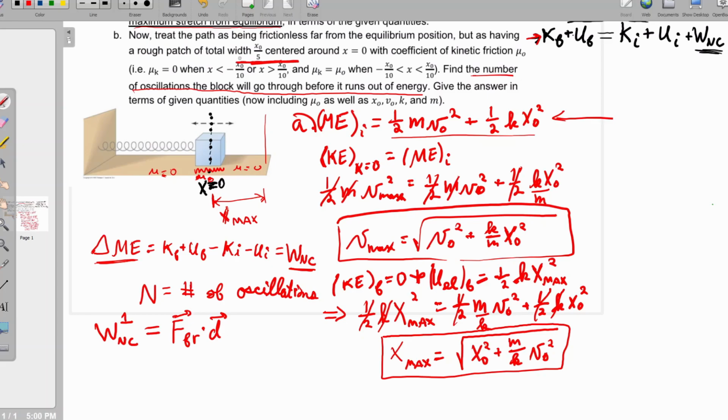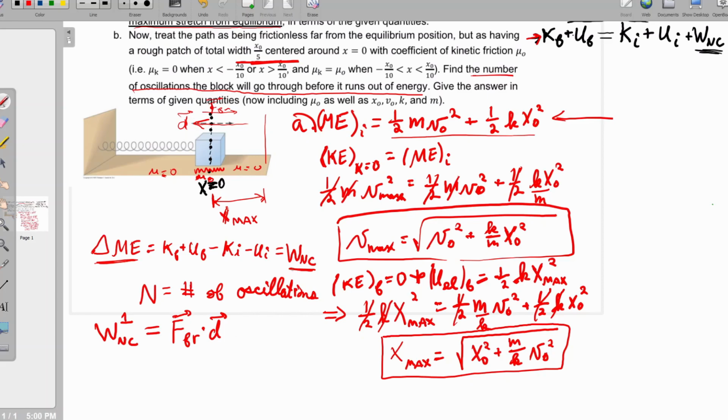So it will have a magnitude of x0/5. And notice that when the object is moving this way, which is the displacement, then the friction force is acting this way, and vice versa. So F dot D is always going to be a negative number. They're always acting in the opposite direction.